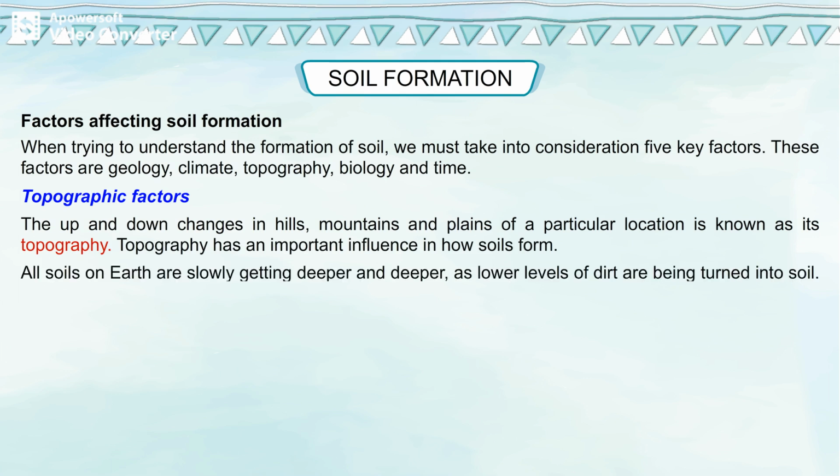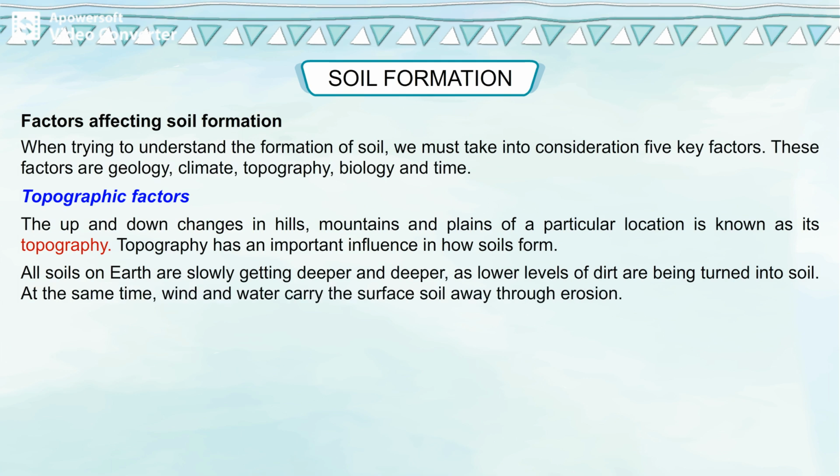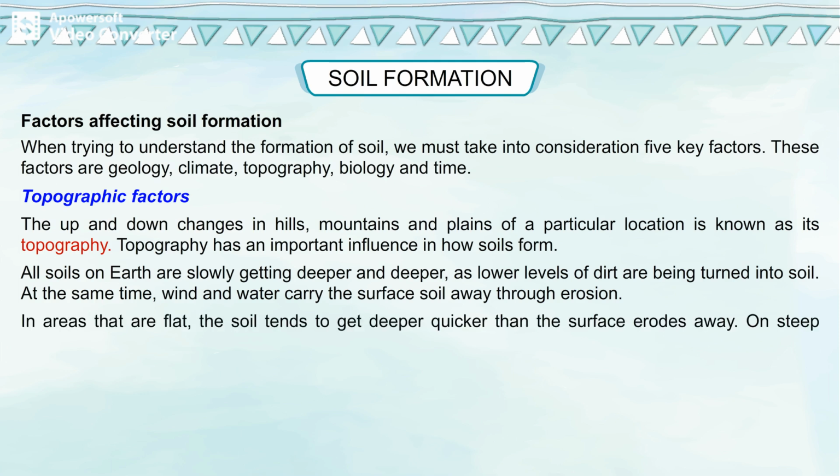All soils on Earth are slowly getting deeper and deeper as lower levels of dirt are being turned into soil. At the same time, wind and water carry the surface soil away through erosion. In areas that are flat, the soil tends to get deeper more quickly than the surface erodes away.